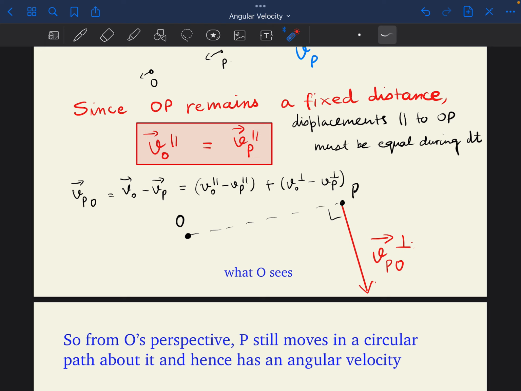But it is still possible and valid to define the angular velocity in terms of only this perpendicular component, because essentially, and you should focus very much here because this is a very important concept, the velocity component of P perpendicular to OP is the one which is taking it around in a circle around O, and this parallel component is not contributing to this. It's not contributing to the change of orientation of OP.